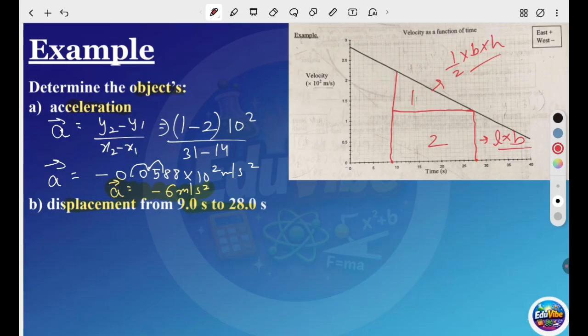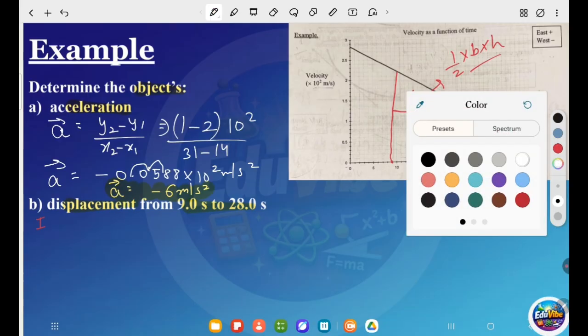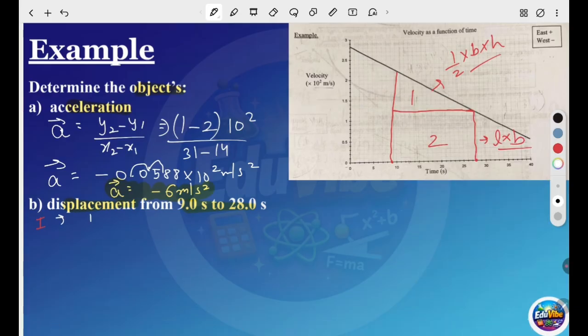So how can we deal with this? We know that our triangle area is half into base into height. So what is the base for this? So the base is like this.